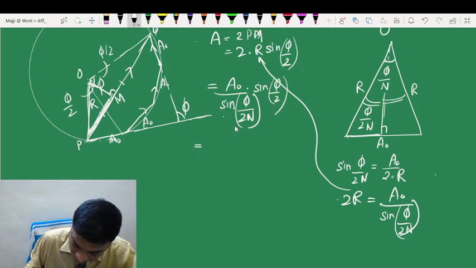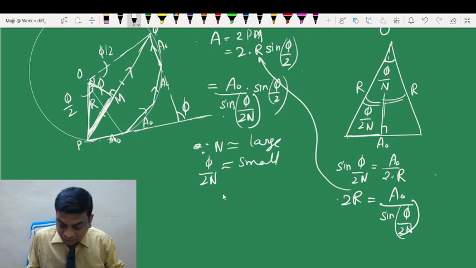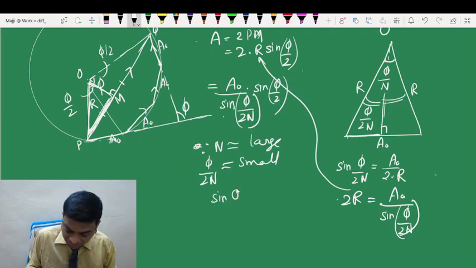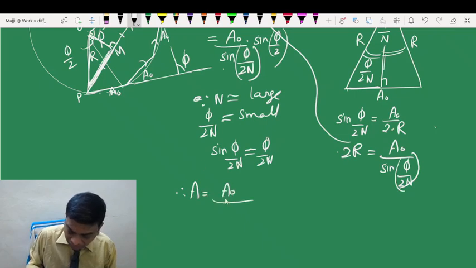Therefore, since n is large, phi by 2n is small, and for small angles sine can be equated to the angle itself. So sine phi by 2n will be equal to phi by 2n itself. In that case, we have amplitude as A naught upon phi by 2n into sine phi by 2.